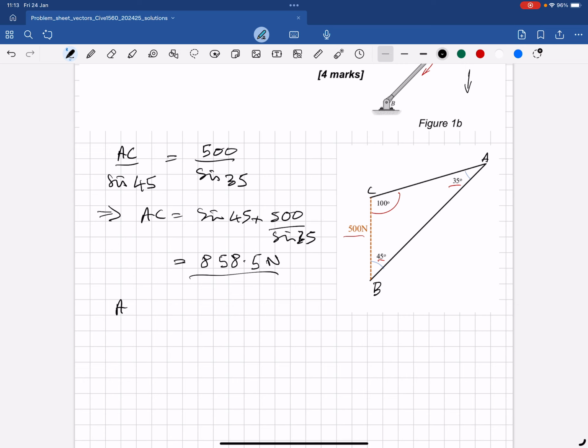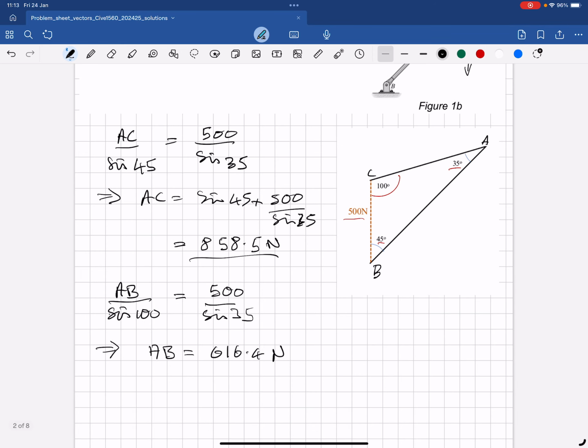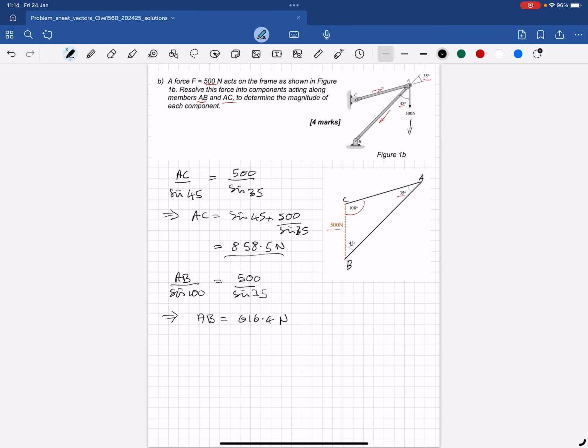Sorry, AB over sine 100 is equal to the same 500 over sine 35, and this goes to AB equals 616.4 newtons. Okay, pretty straightforward. The trick is getting your diagram right and the angles correct in the first place.